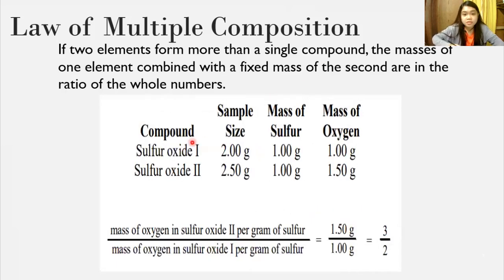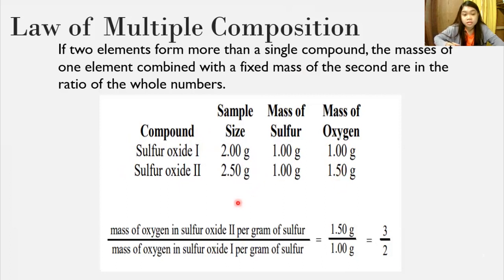To further illustrate, we have two compounds, sulfur oxide and sulfur oxide 2. We have the sample size: 2 grams for the first compound, and 2.5 grams in the second compound. The mass of sulfur is just the same, but the mass of oxygen differs by 0.50 grams.